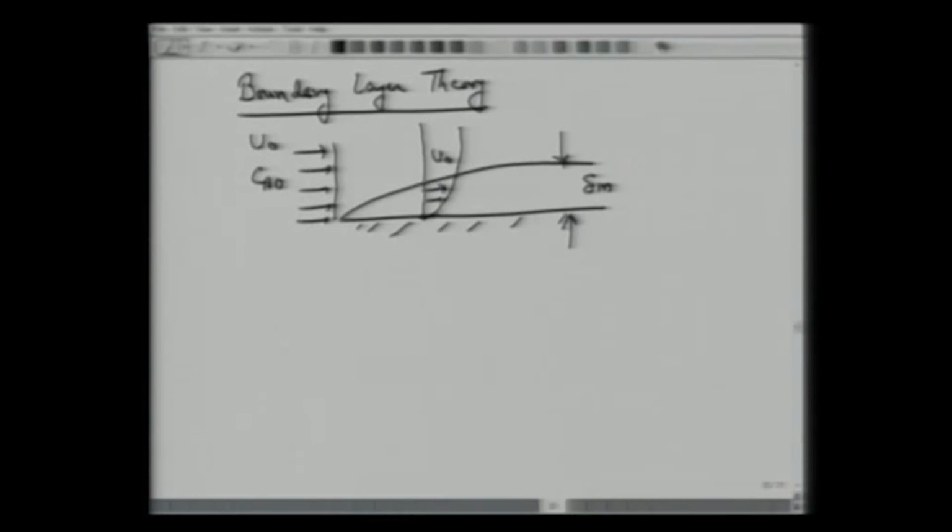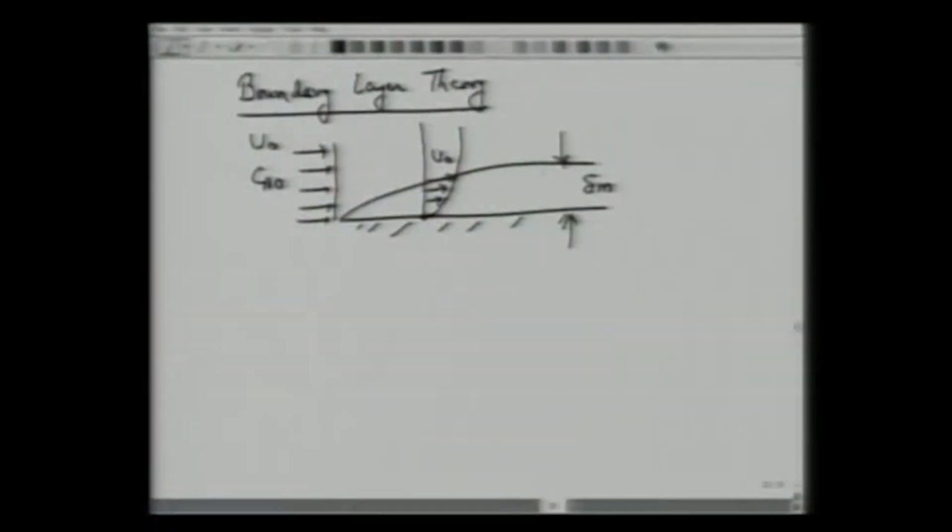All we are saying is that resistance to momentum diffusion is within this del m, and it varies from 0 to u0. Similar to the momentum boundary layer, there is also a mass boundary layer, which could be thinner or as thick as the momentum boundary layer.